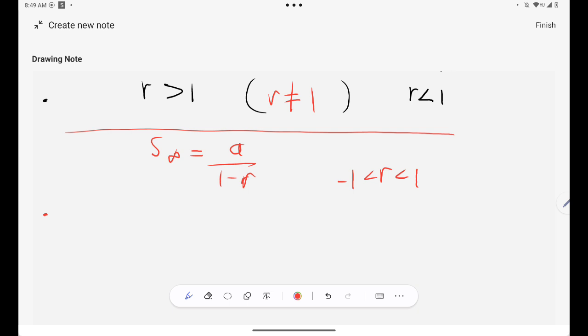It converges to a specific number, because you keep adding smaller numbers that don't have an effect on the sum. So the only geometric sequence that converges is the one that has a ratio between minus 1 and 1. Are we together?